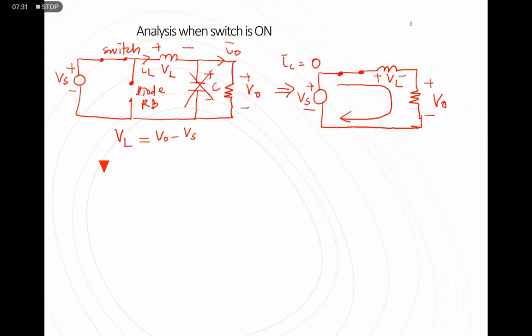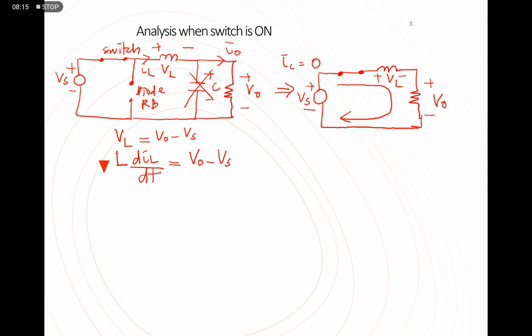Then we define this voltage across the inductor using Ohm's law, V equals IR. Since the voltage across the inductor VL is associated with the inductor, our R becomes L. So L dIL over dt will be equal to V0 minus Vs.